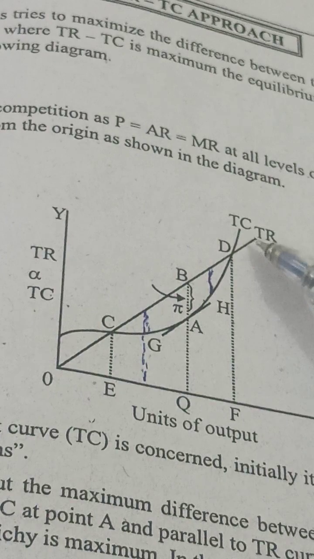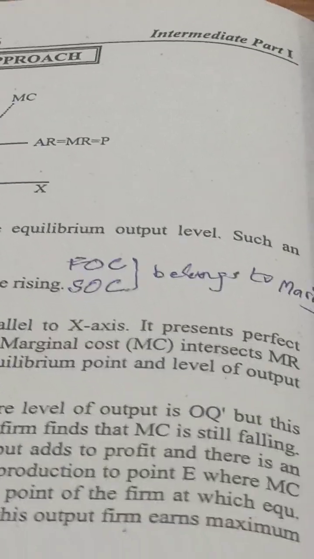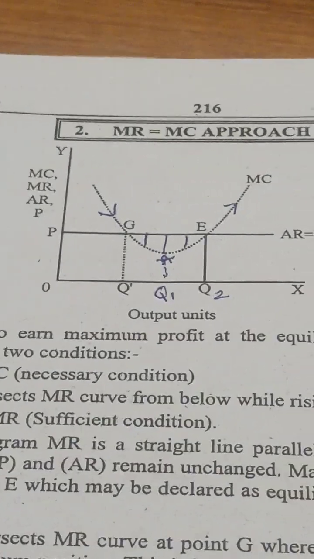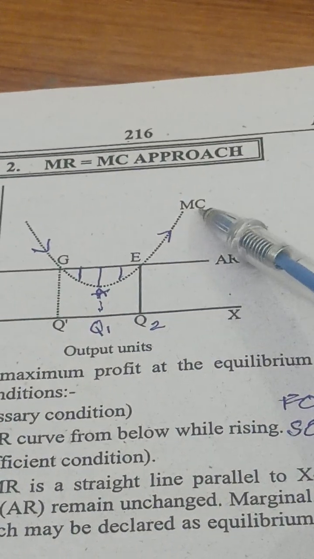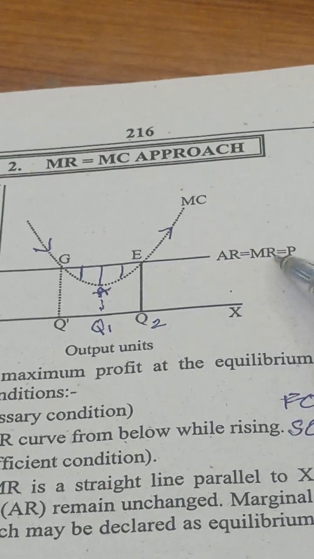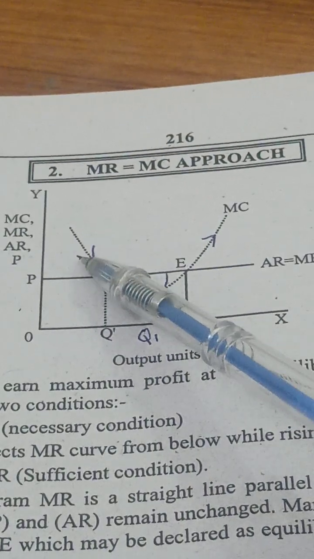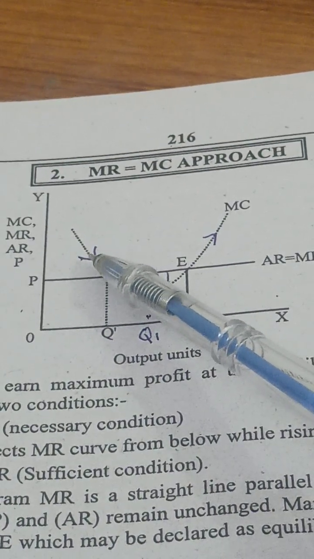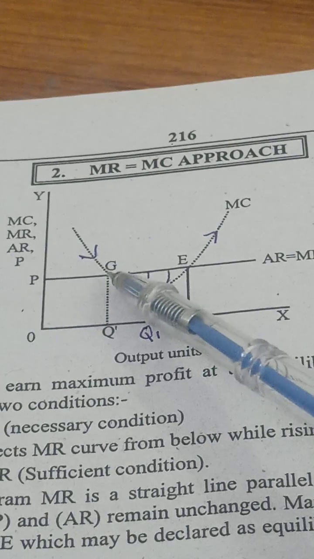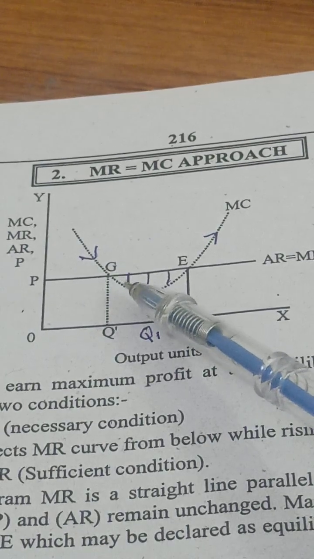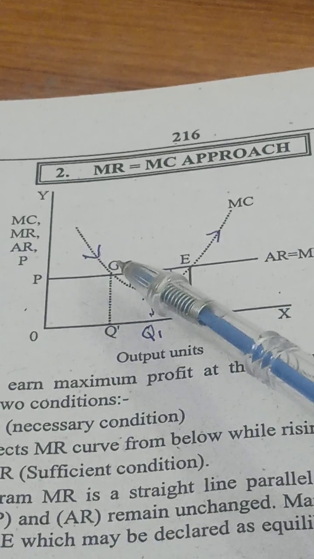So the next method is the marginal revenue and marginal cost method, or additional revenue and additional cost method. This is additional cost or marginal cost. This is additional revenue or marginal revenue. At initial stages, marginal cost is going down, meaning additional cost for an additional unit of output is going down. Then a producer should produce more and more goods to get lower additional cost.